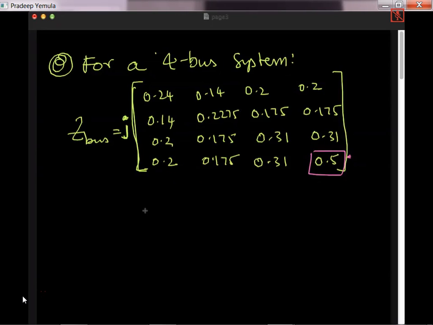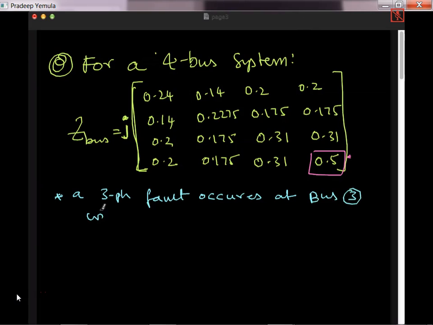So the question is like this, just a brief modification of the previous thing. A three-phase fault occurs at bus 3 with fault impedance ZF of 0.14 per unit.